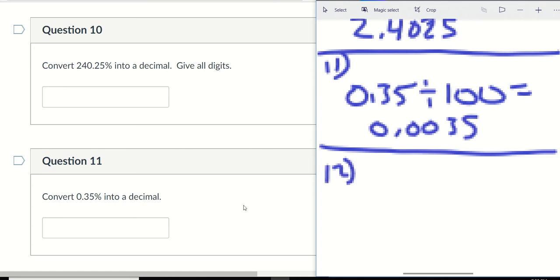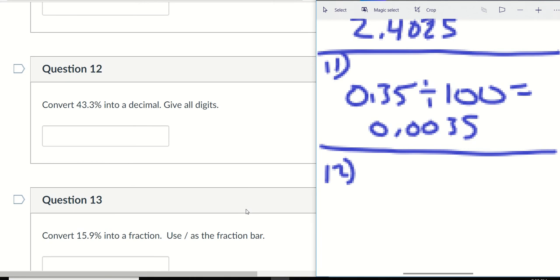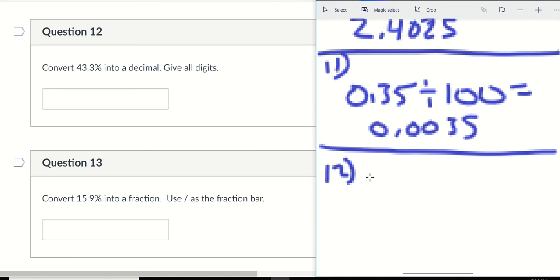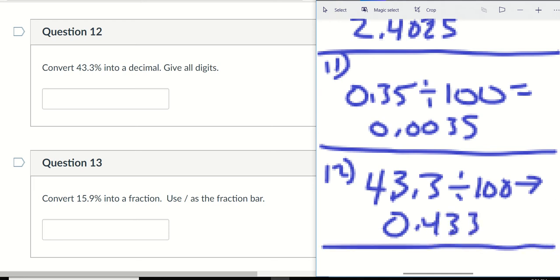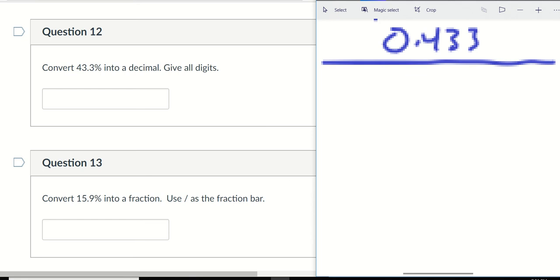So you have to do 2 steps for those type of problems. Percentage, last one, 43.3 divided by 100. So that's going to be, yep, 0.433. All digits on that one.